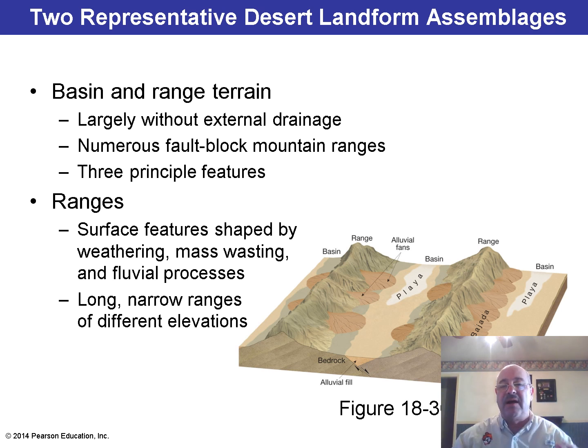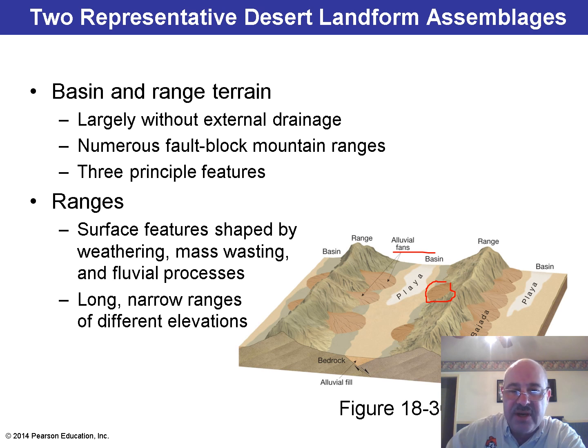Numerous in fault block mountains. So remember, we got our horst and graben, right? Fault block mountains, okay? And we have three principal features. So first of all, I want you to remember this, okay? If you have just one, it is an alluvial fan. There's an alluvial fan right there, okay?